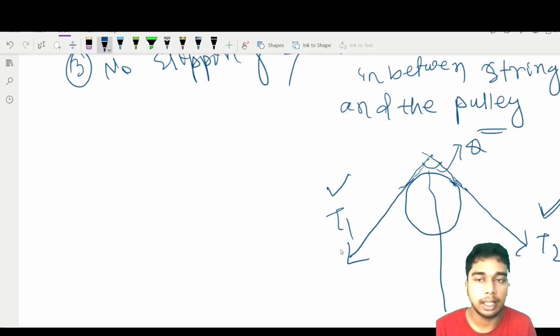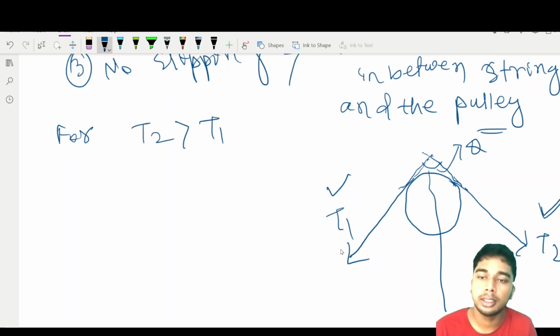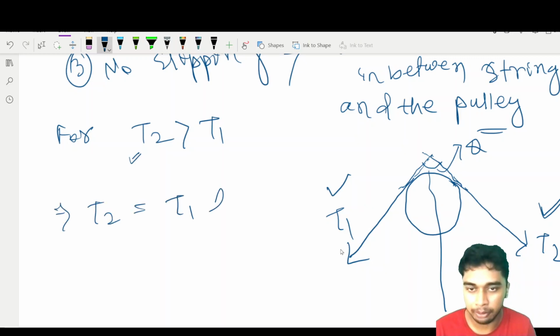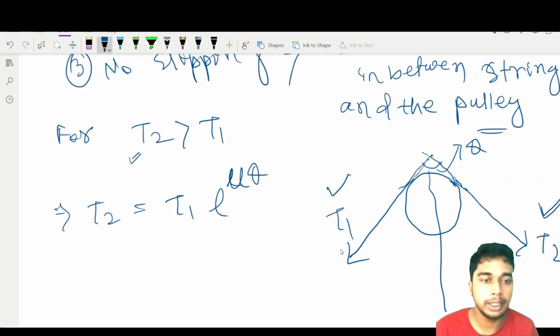For T2 greater than T1, I will simply write T2 is equal to T1 multiplied by e to the power mu theta. What is mu?